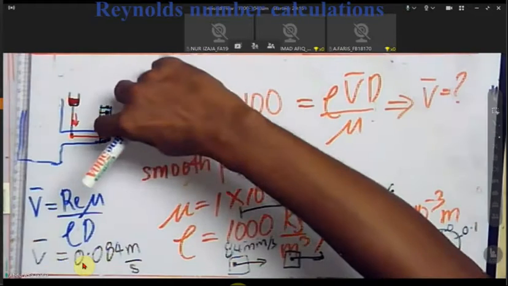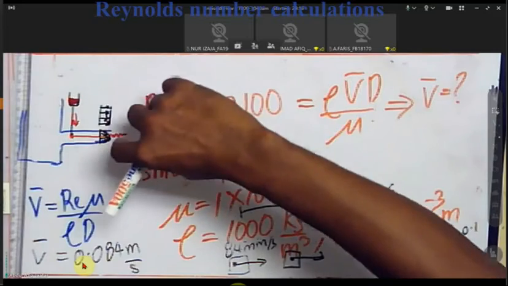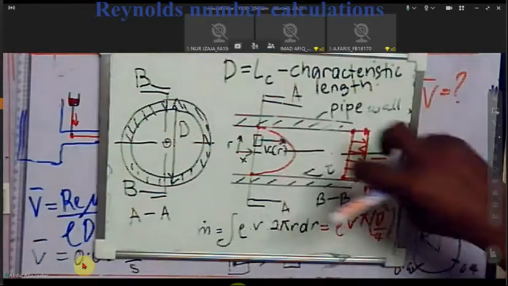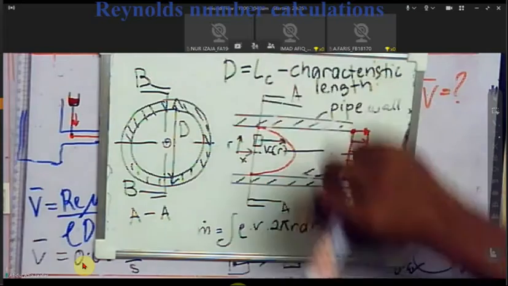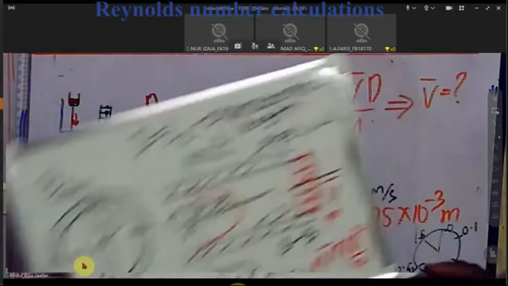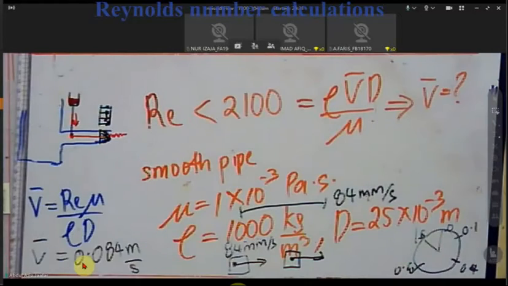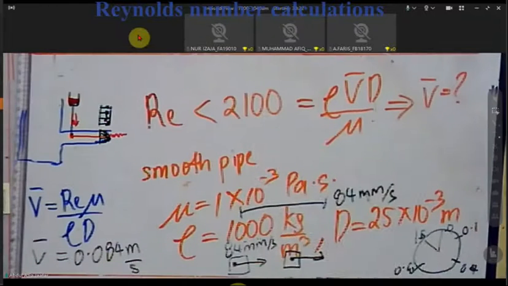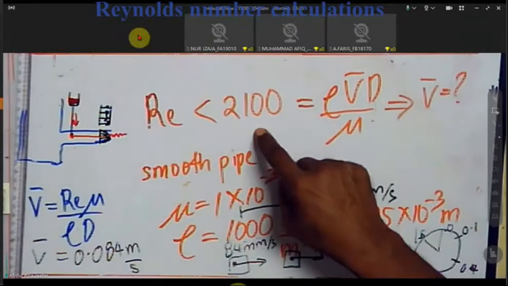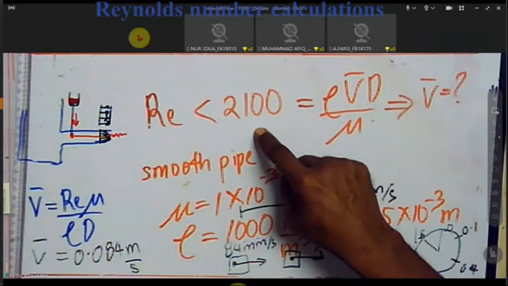This is what it means by this average value. At all positions, the velocity vector will be 84 millimeter per second. If we have a Reynolds number greater than 2100, it means the fluid becomes turbulent.